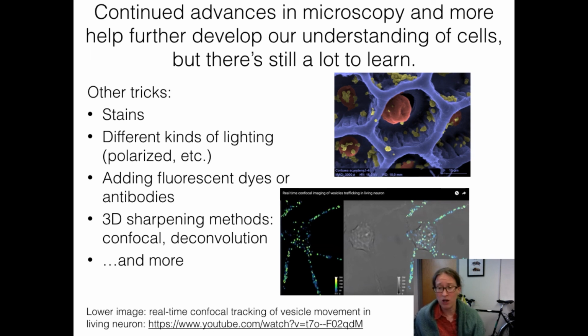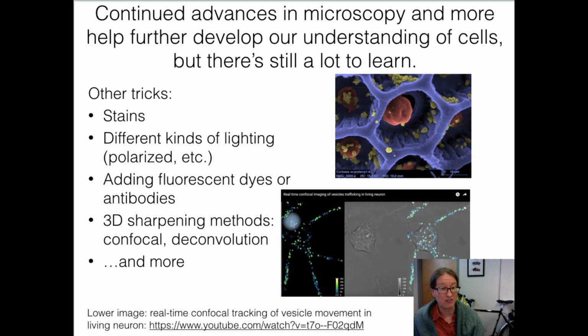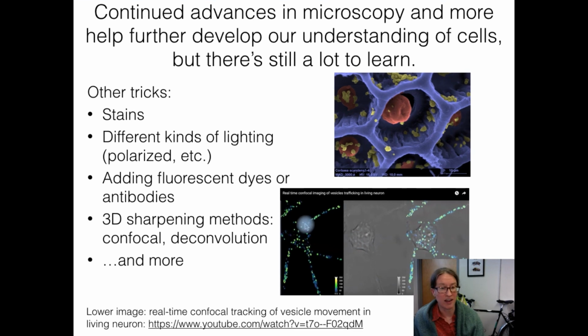And then there's a whole host of computerized methods that can be used to sharpen images. So now we can do things like this lower image here, which has a bunch of vesicles, a cellular structure, that have been tagged inside of a living neuron. And you can actually watch these vesicles move in real time down some of the branching structures in the neuron.